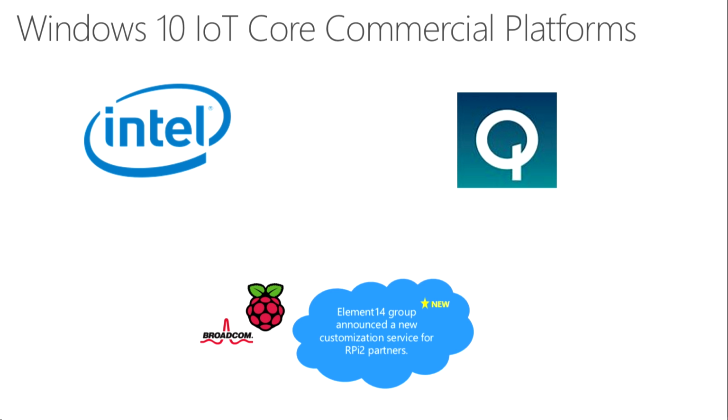At the moment, there is a slight exception to that with Raspberry Pi. With Raspberry Pi, we build to the whole device. But there are actually some interesting changes afoot with that as well. Element 14, who are one of the major distributors for the Raspberry Pi, and I think they manufacture as well, are also going to do a customization service.